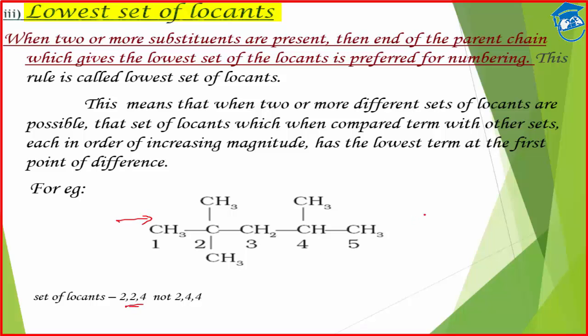And if you proceed this way, then you will get 2, 4, 4. So it's clear this is smaller than this one. Either you can compare or you can add, whatever you like. So it should be a smaller set of locants or a smaller sum.